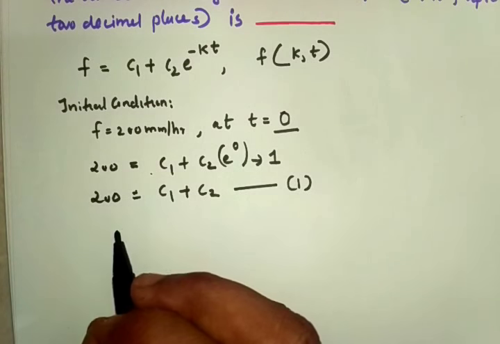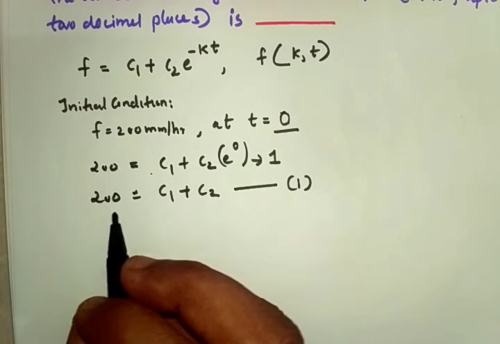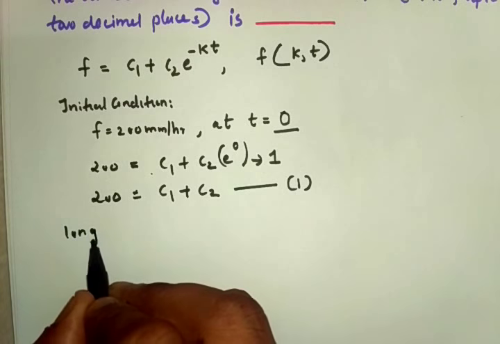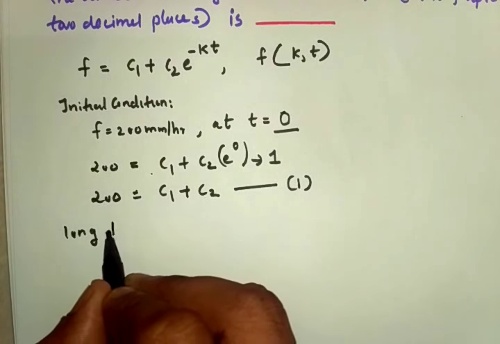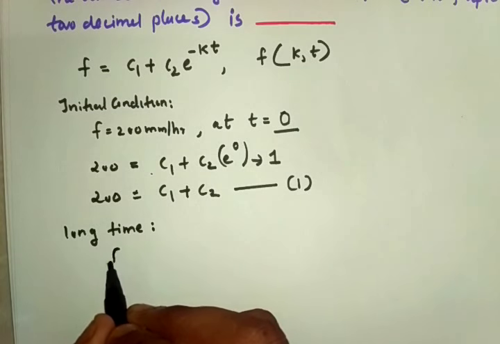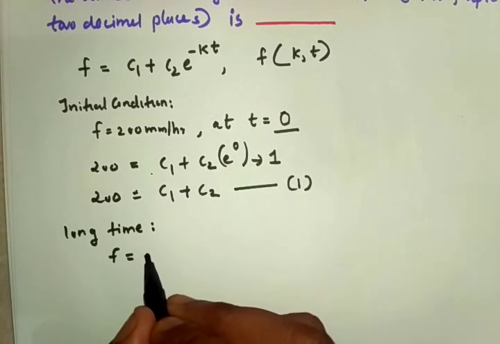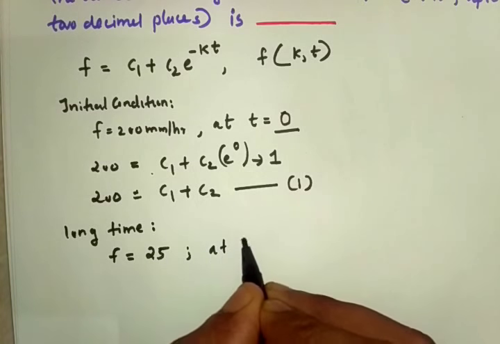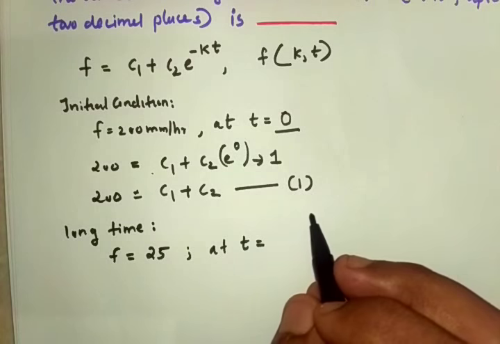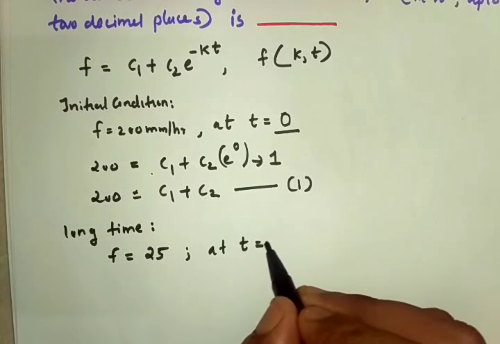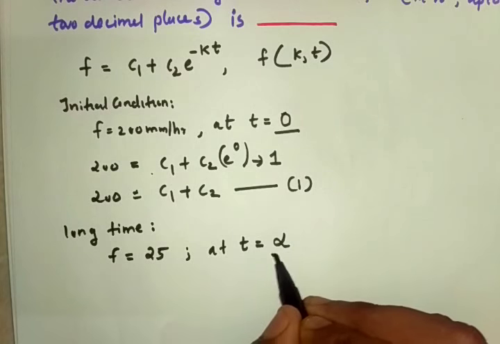Next, it is given that after a long time the infiltration capacity was reduced to 25 mm per hour. So F is reduced to 25 at t equal to infinity, since it is a long time. This is also important.